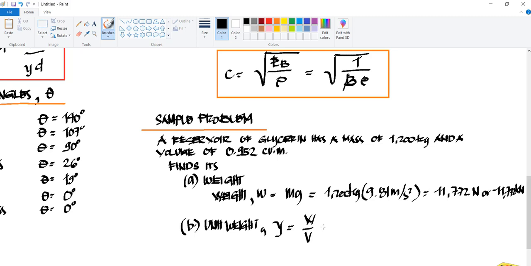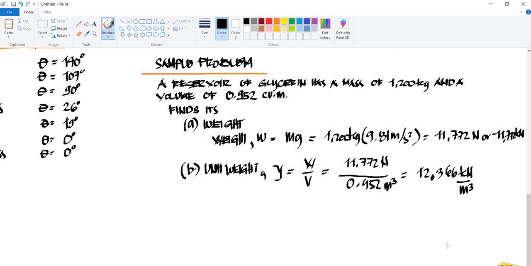We have your weight, which was already calculated in problem A, 11,772 Newton, divided by your volume, which is 0.952 cubic meter. Now, using your calculator, we have the value of 12.366 kilonewton per cubic meter.